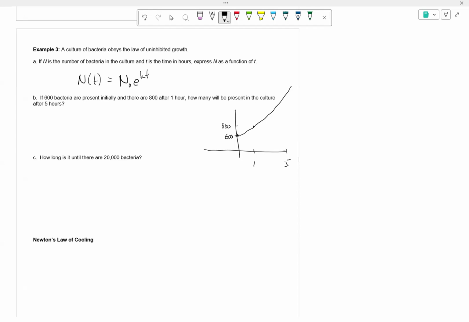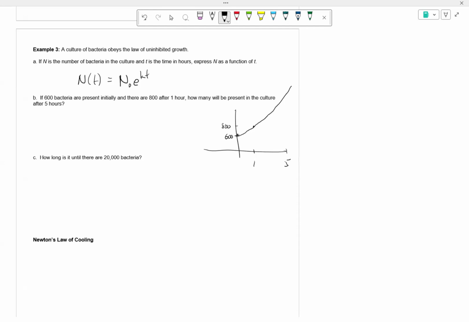No, we already know. No decimal points. We need to know the rate. But then the rate is 130 because it's growing by 33. I got 0.7. I got 0.28. But you have to keep this number, right? So use your growth rate. 600, natural log.